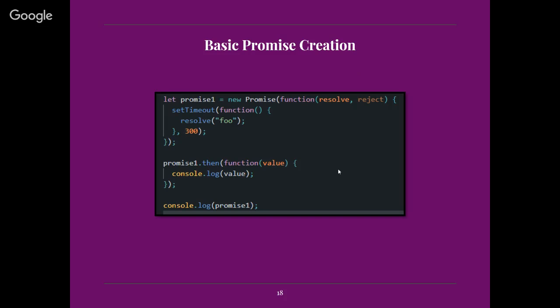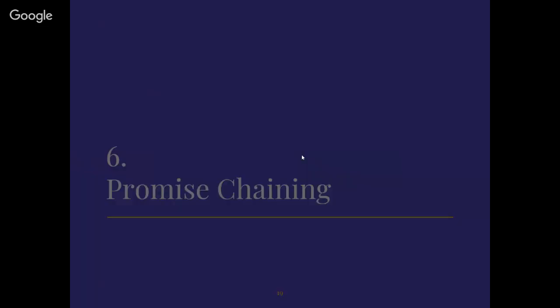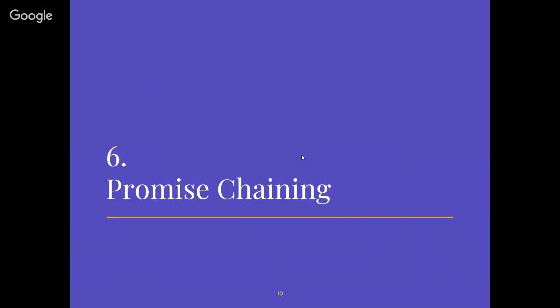But this example is helpful in understanding the basics. So whenever you feel overwhelmed by some kind of promise, you can go back to the blueprint and this basic example to maybe make a bit more sense of what's going on. So now let's see probably the most useful feature of promises, and that's chaining.